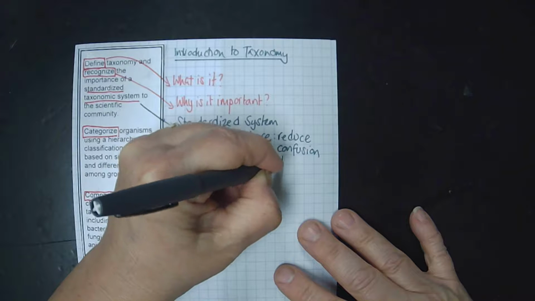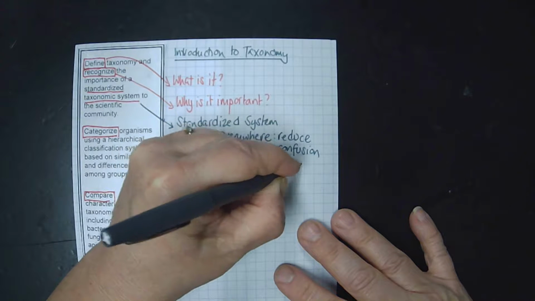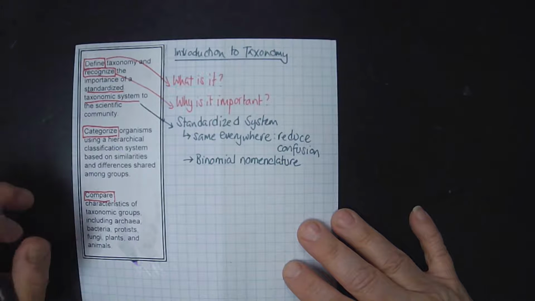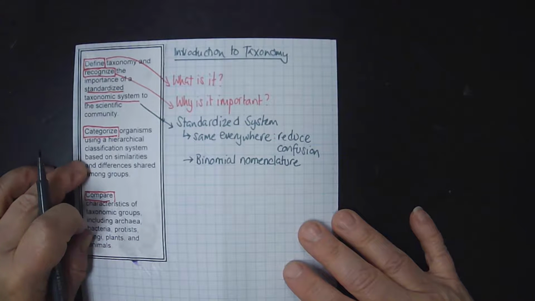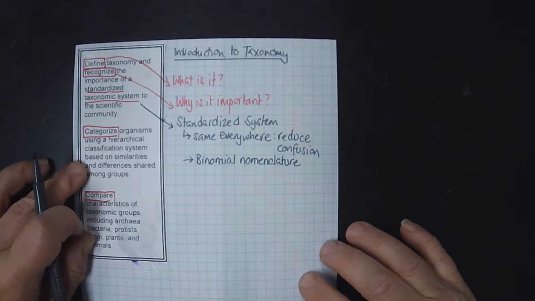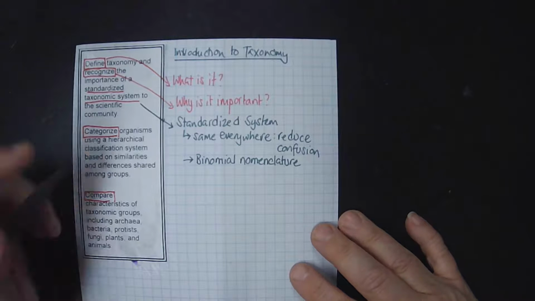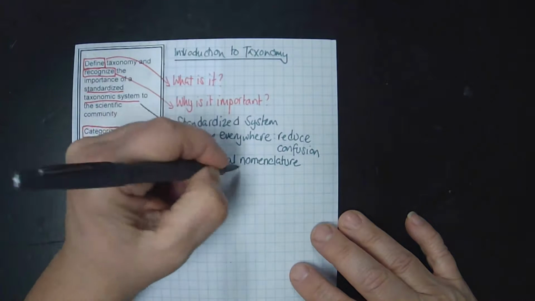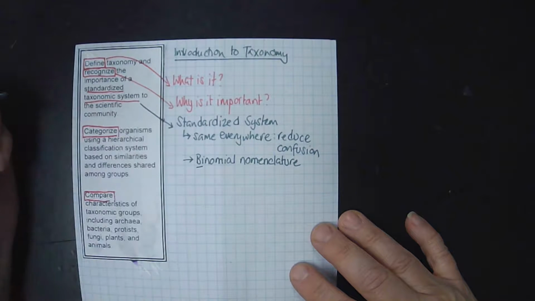But you do actually understand this because everybody has a first name, everybody has a second name. Your second name tells you which kind of family you belong to, and your first name identifies you specifically. So you have two. Binomial means two names.